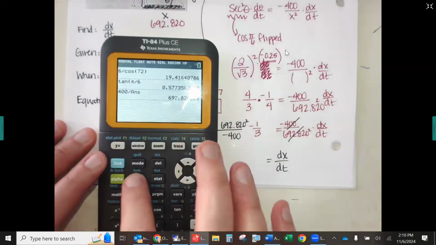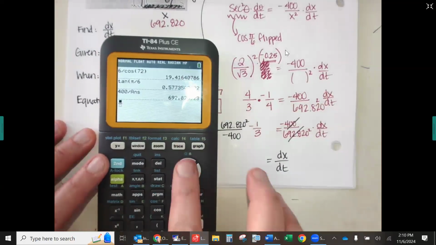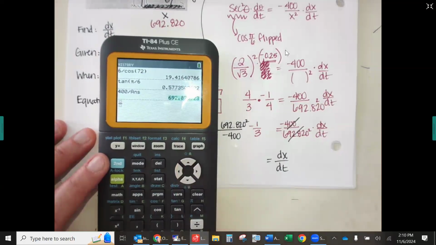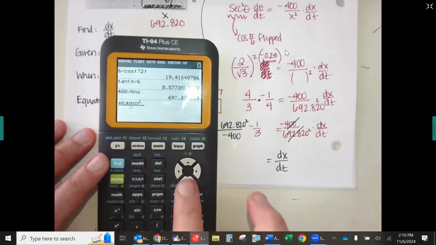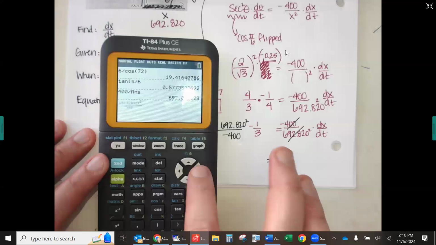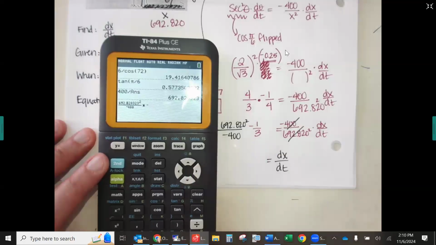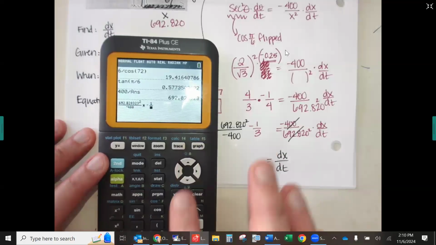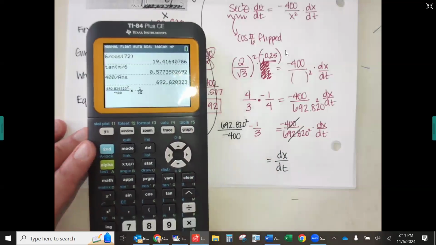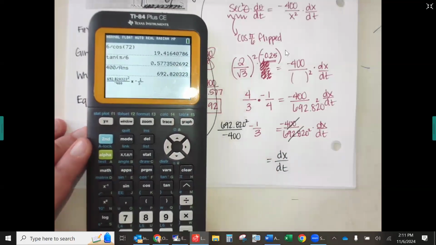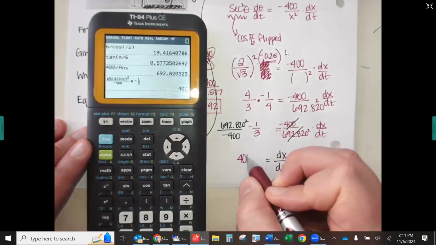Okay, you want to do your pretty fraction? We're going to copy the 692 number and square it. We're going to divide it by negative 400. We're going to times it by negative 1/3. Just like that. Okay, and we get 400 as our final answer.